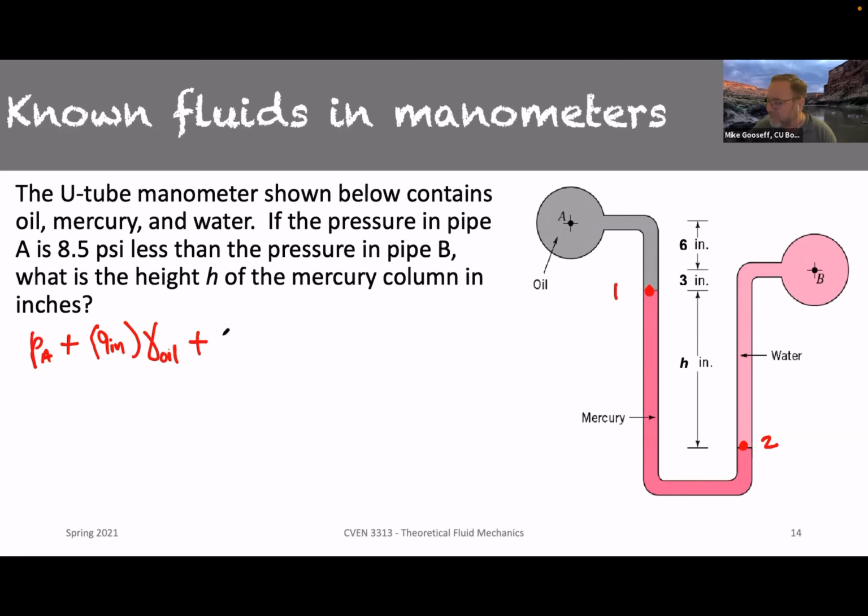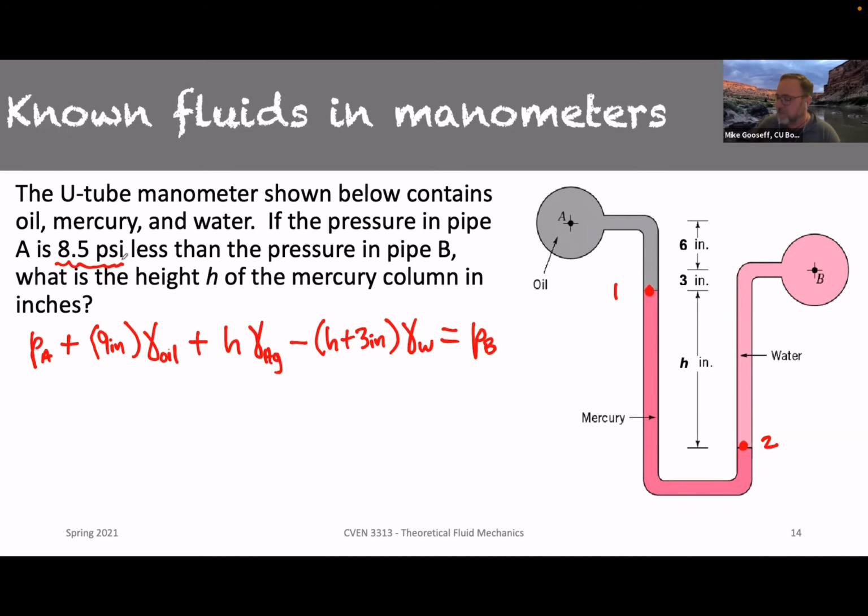So now we have H times gamma mercury, which we'll indicate as Hg, and then we subtract H plus 3 inches to get up to point B, times gamma water, and this is now equal to P sub B. Now we're given that this is 8.5 psi.